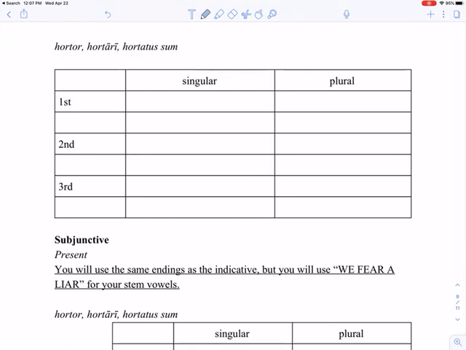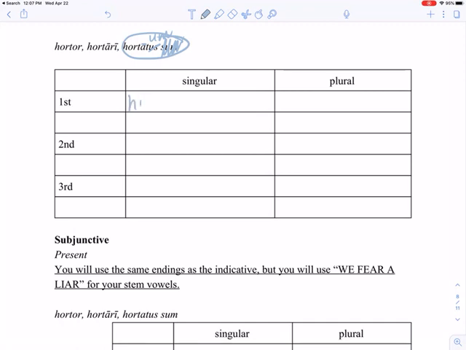Again, we're going to take what amounts to the third principal part. We don't need sum. And this time I am going to make it neuter, just to give everyone equal representation. And I need a macron over that a there.